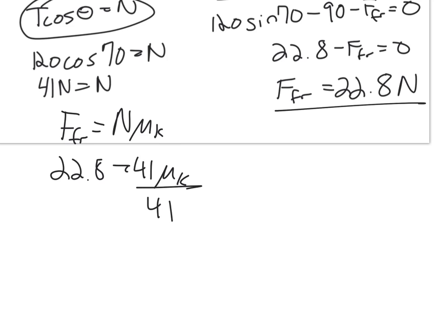Divide both sides by 41, and we get a mu sub k that is equal to 0.56.